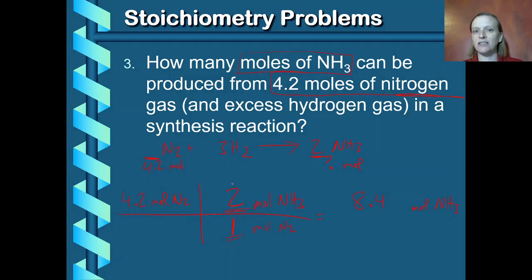They have infinite sig figs. Because this is the perfectly balanced equation, this number can have as many sig figs as I need it to. It's not just the number 2, it's like 2.000000 with as many zeros as I need it to have. It has infinite sig figs. So typically, the number that limits your sig figs for your answer is the number of sig figs in your starting value.